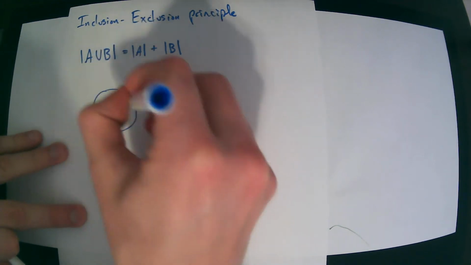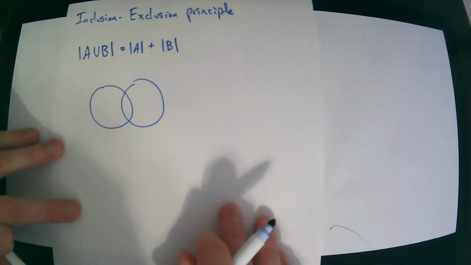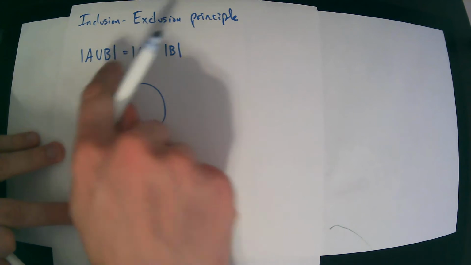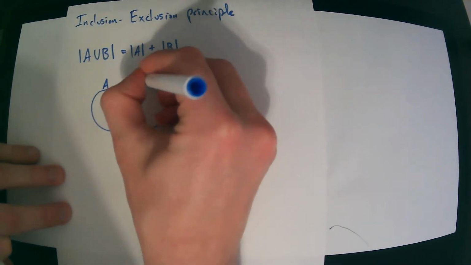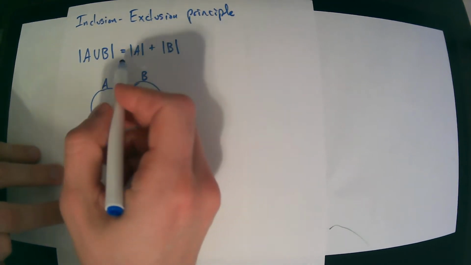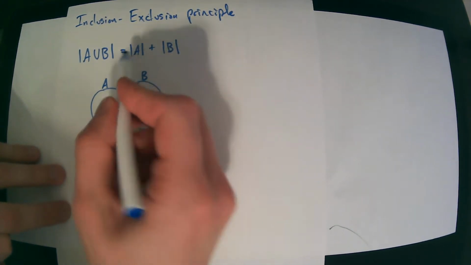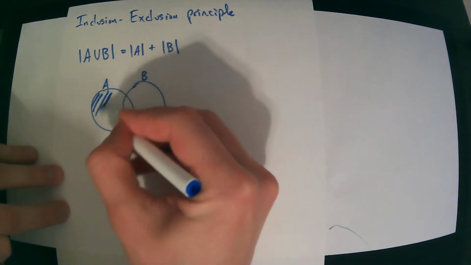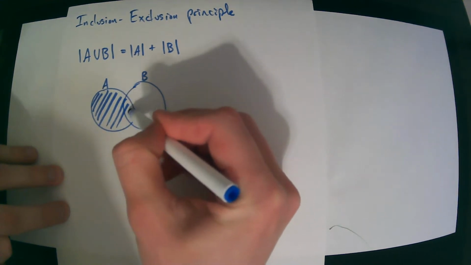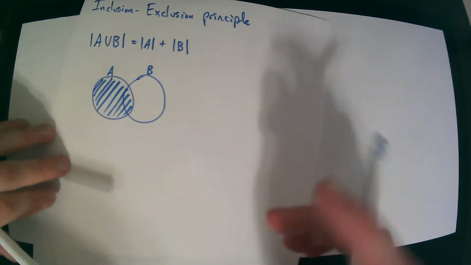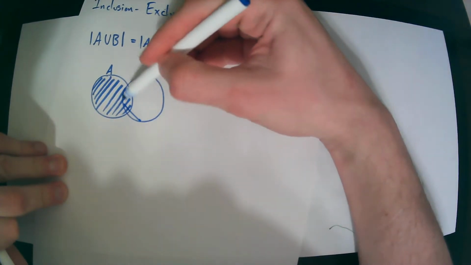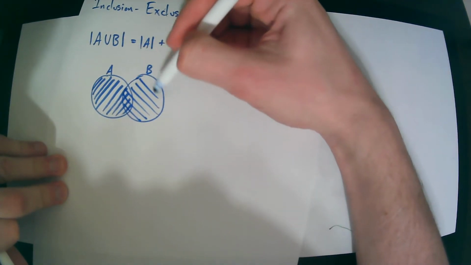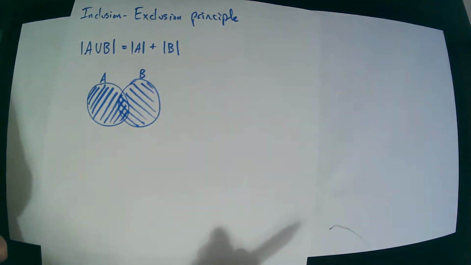Alright. Let's see if we can figure out what we need to do to alter this, because right now this isn't necessarily correct. If this is A and this is B, then when I say cardinality of A, that's everything in this set, and then the cardinality of B, that's going to be everything in this set. But do you see the problem?